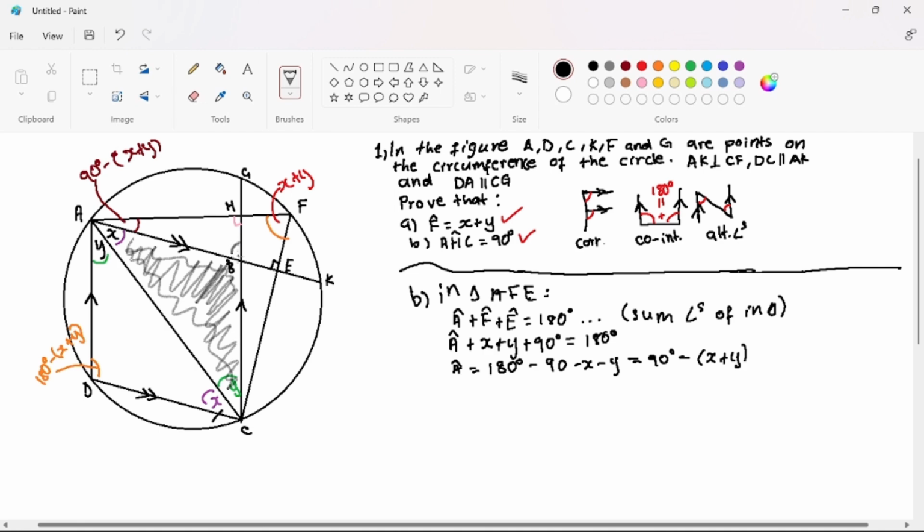Once we find this angle, we can simply use triangle ABH to find H. So we are going to tell the examiner, but firstly, guys, we also have to tell the marker or the examiner that this angle is equal to y. So there's a difference, guys, between analyzing the diagram and writing the diagram.